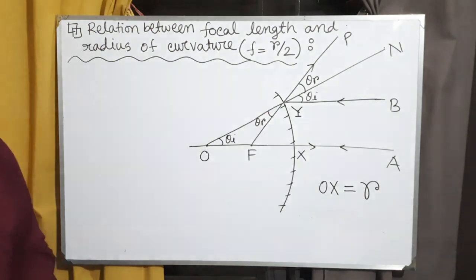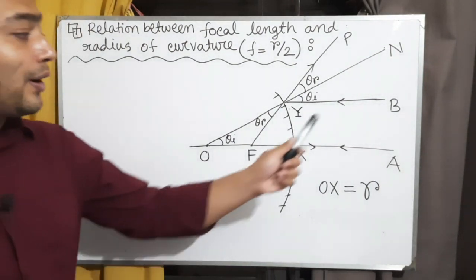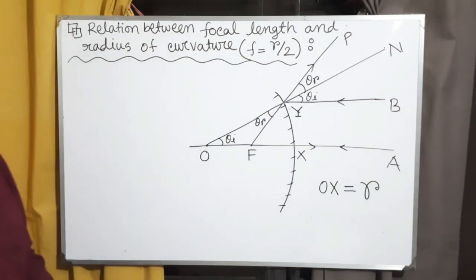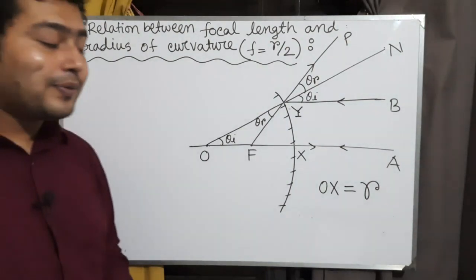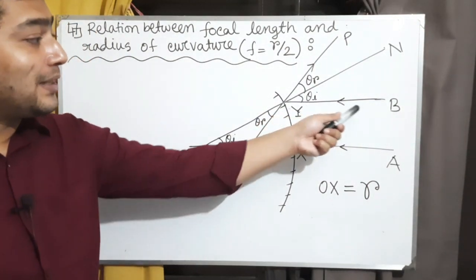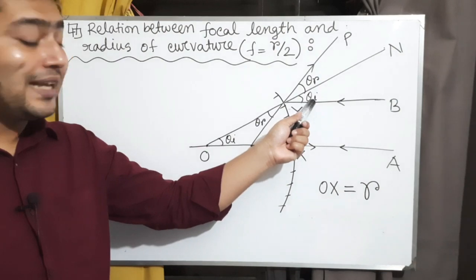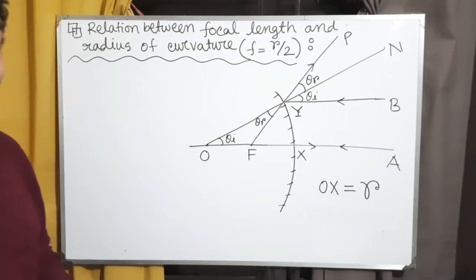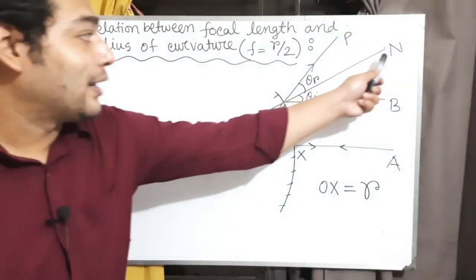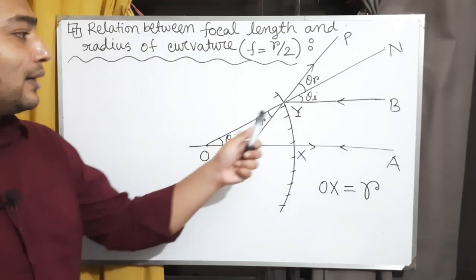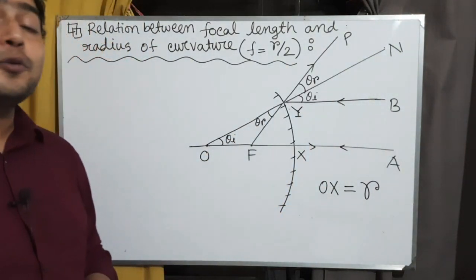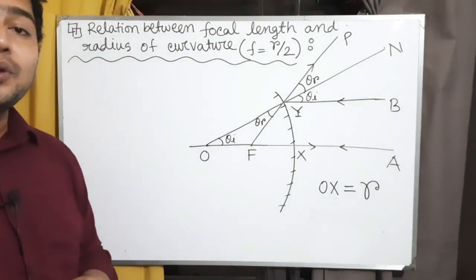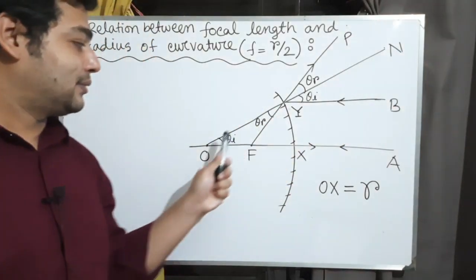Now the ray coming from B to point Y will create an angle of incidence. Here theta I is the incident angle, and this incident angle is created with the perpendicular ON. The incident ray BY creates an incident angle theta I with the perpendicular line ON.